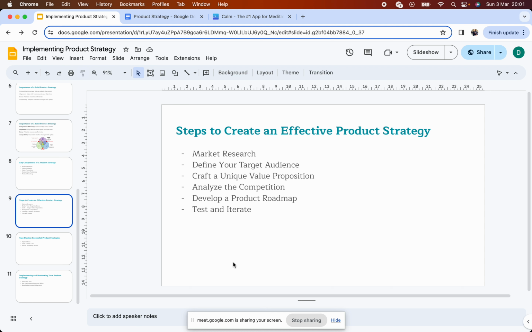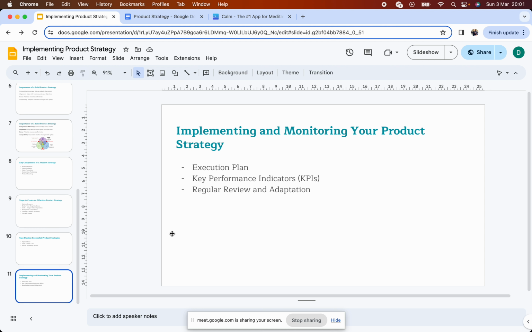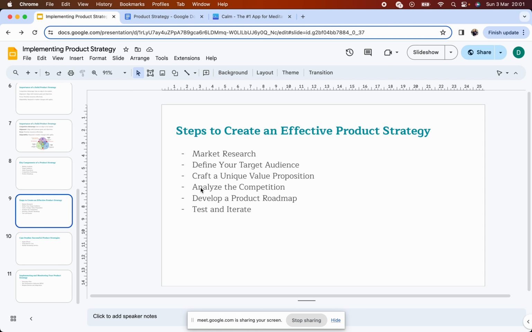So we go back to our market research again. We test and iterate. So we use our KPIs to see whether we're doing well. And when we're not doing well, we do the same thing as though we're doing well, which is we go around. It's a cyclical thing. We go around, always finding ways to optimize.